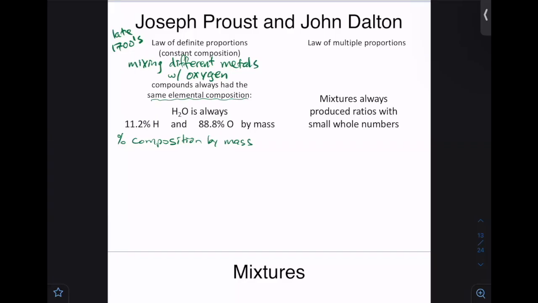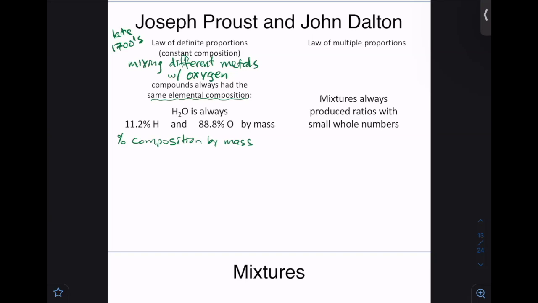I mean, to you all, it seems like it's no big deal because we all know what H2O is. And you can see from the way it's written on here, there's 2 hydrogens for every oxygen. So that's some kind of a ratio, and we'll be studying those ratios in class. So it's not too surprising that it should always be the same. But back in the 1700s, when they're just trying to figure this stuff out for the first time, this was pretty revolutionary, okay?